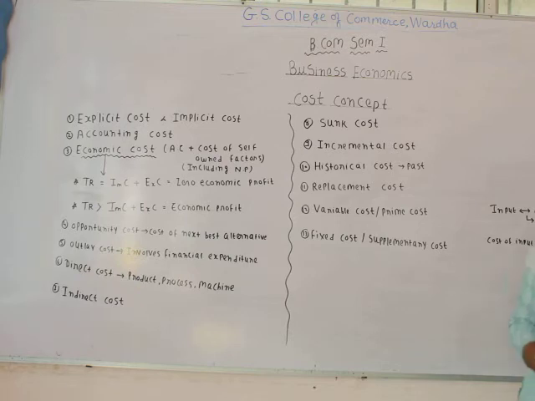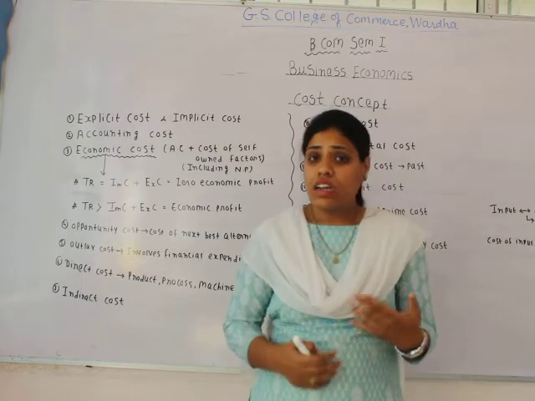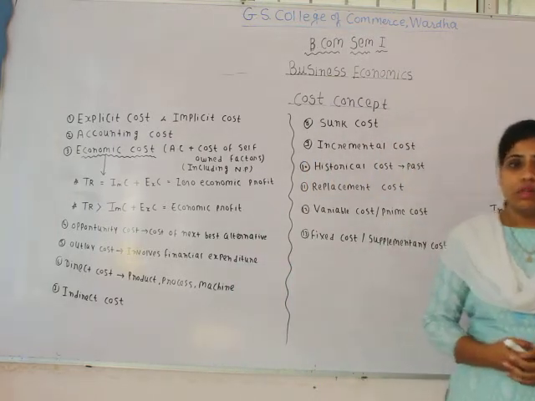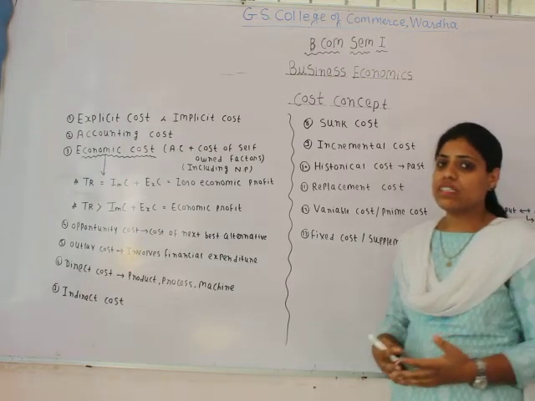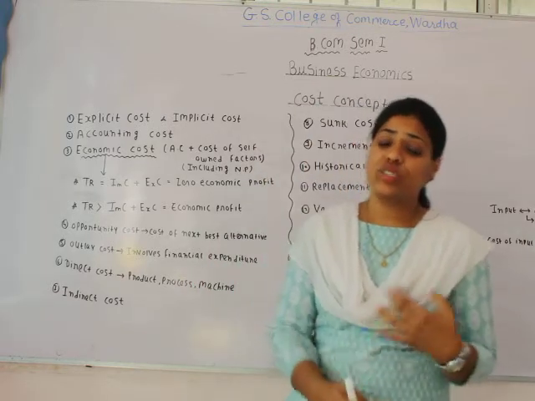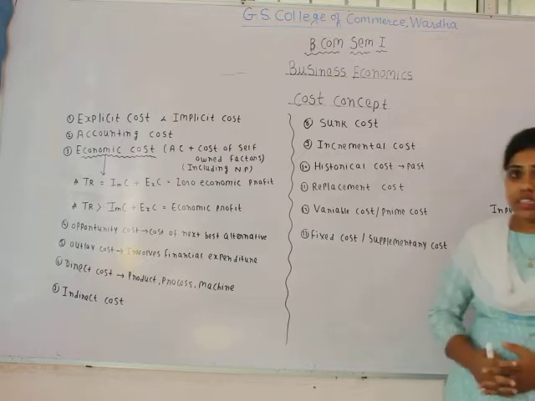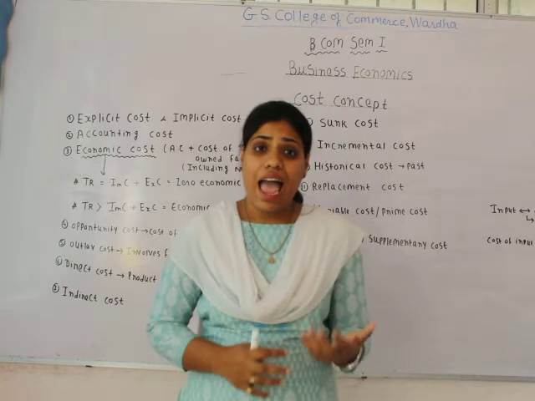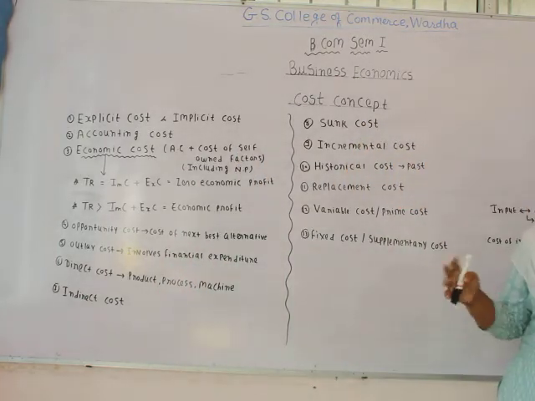Like if you are purchasing the raw material, if you are paying wages to the laborers, if you are paying interest on loan, all these are known as explicit cost. It's actually paid by the entrepreneur. It actually goes out of pocket of the entrepreneur, and the explicit cost is recorded in the books of accounting. It is the actual payment made by the entrepreneur for various expenses.